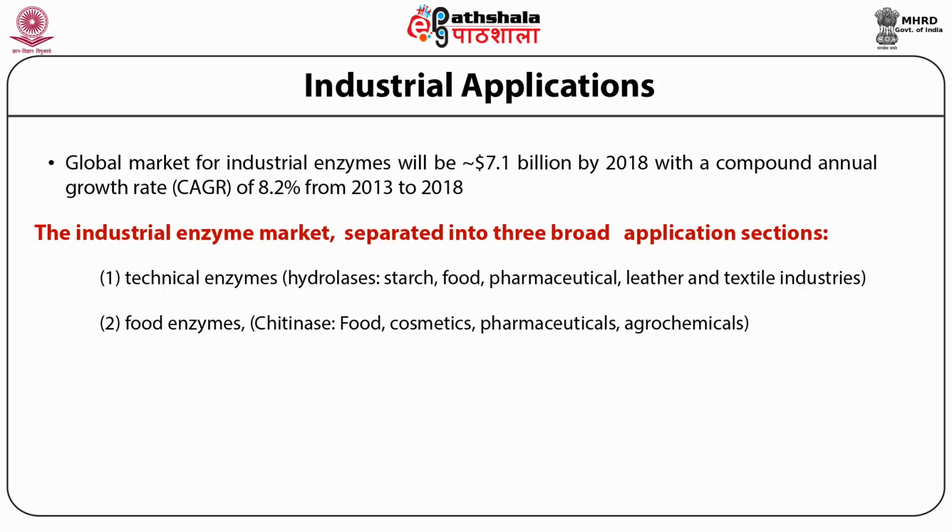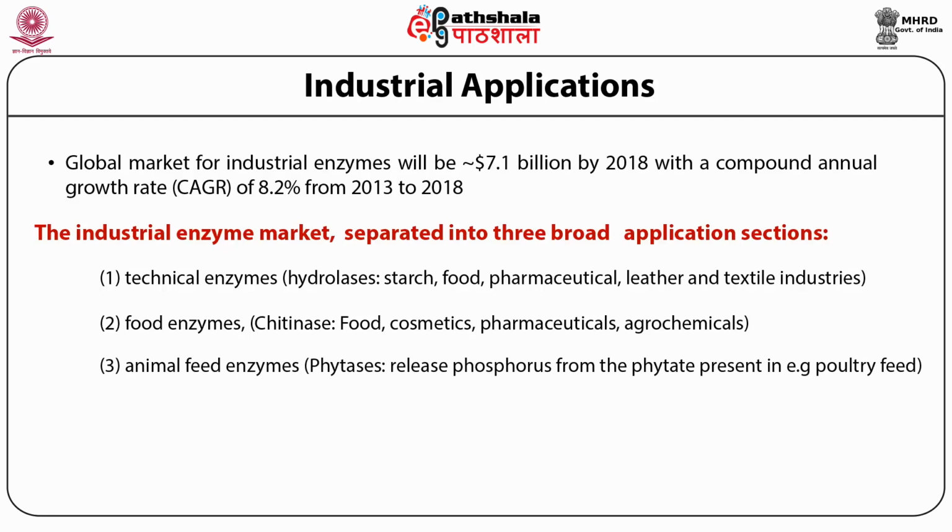The third section among these enzymes is animal feed enzymes. The example is phytases. Phytases release phosphorus from the phytate present in, for example, poultry feed. So all these 3 sections combine together and they are serving the industrial requirements to their full capacity.